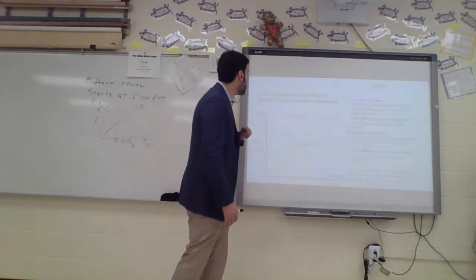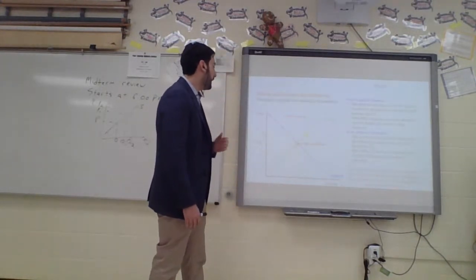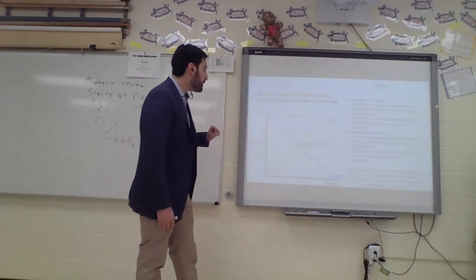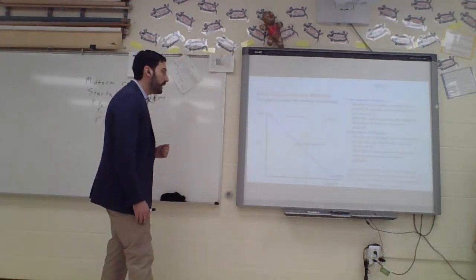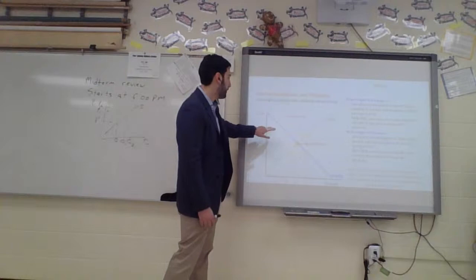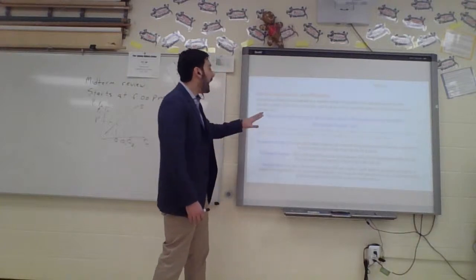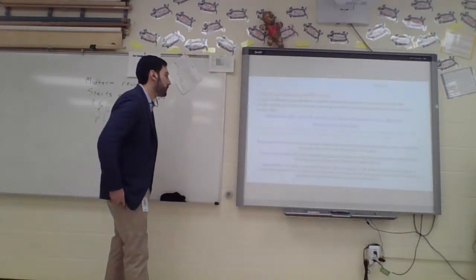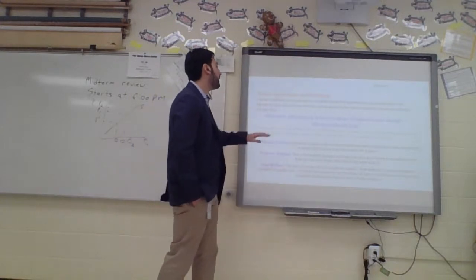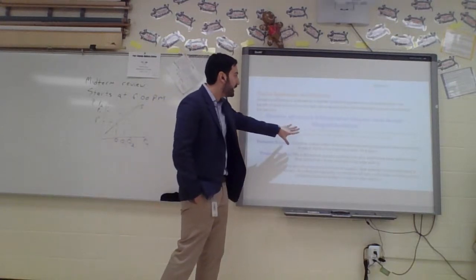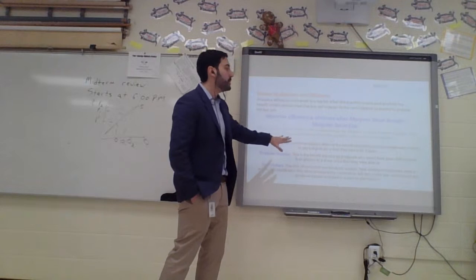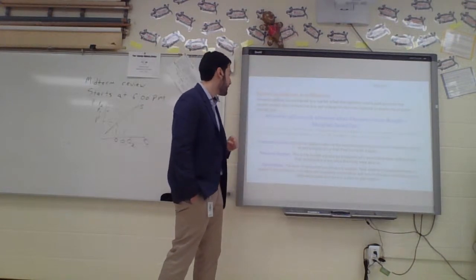Great. So here, at a price of $2, MSC equals MSB, and we would have allocative efficiency. All right, allocative efficiency, where MSC equals MSB, right? Assuming that there's no hidden cost, what that's saying is assuming that there's no production or consumption externalities.